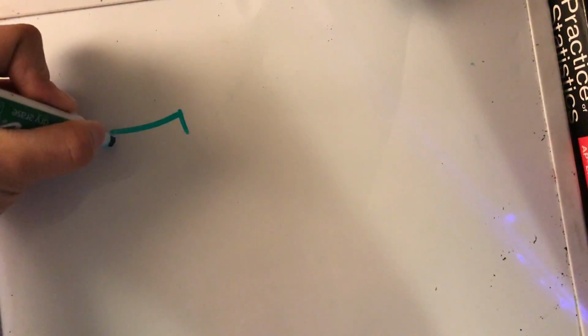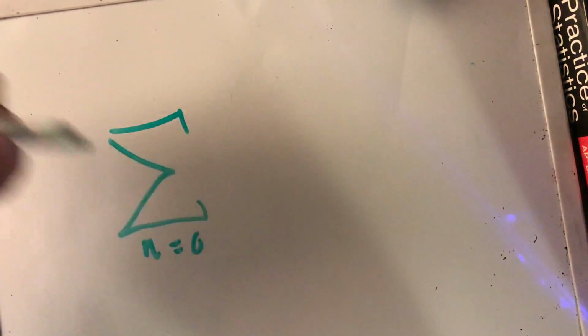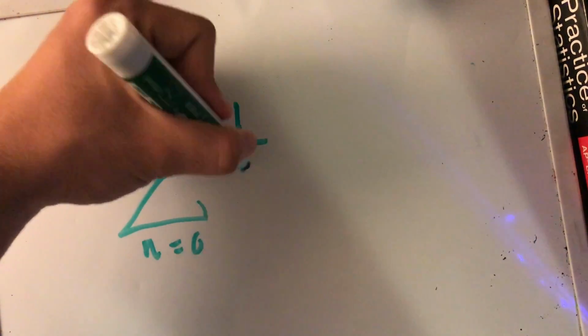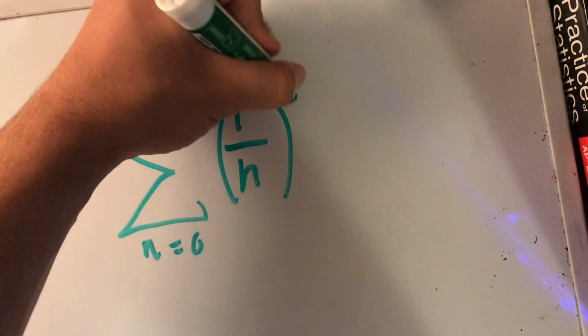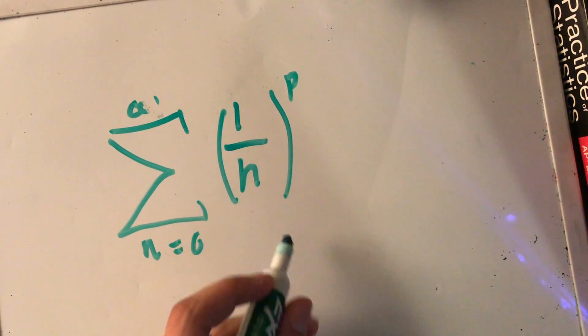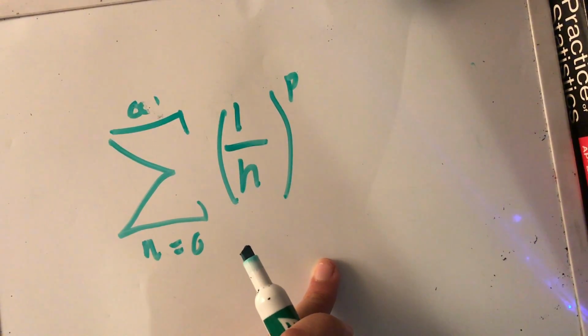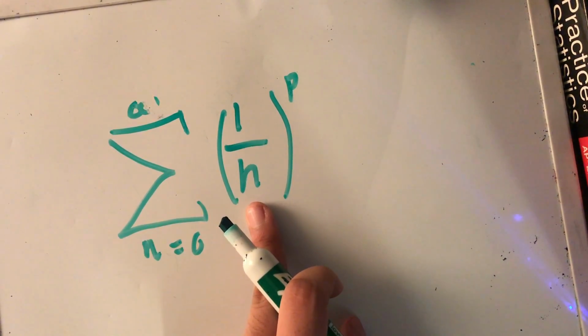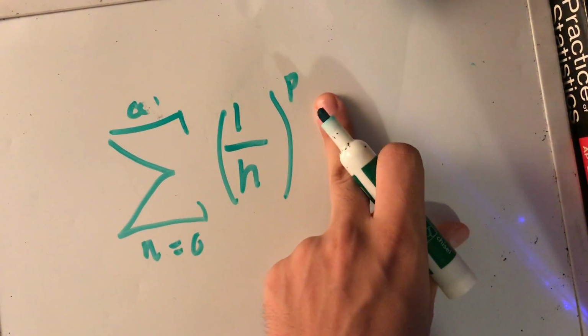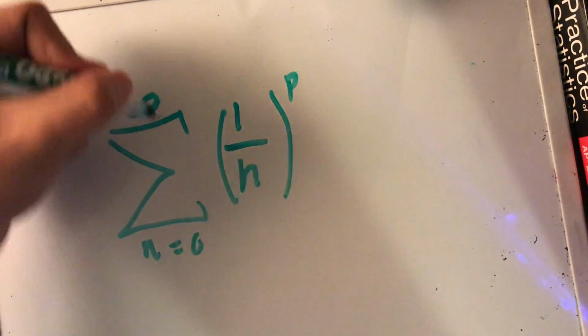So first let's talk about the P-series test. The P-series test is very, very simple. All it states is that if I have a sum, n equals whatever, 0 to infinity, or really any value, of 1 over n to the p, and p is greater than 1, then this will converge.